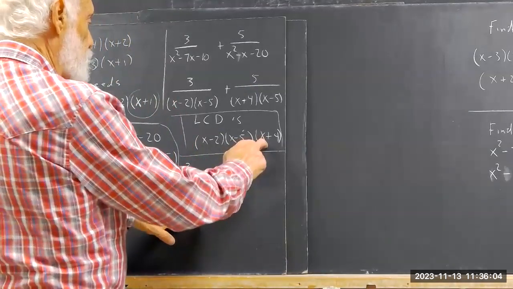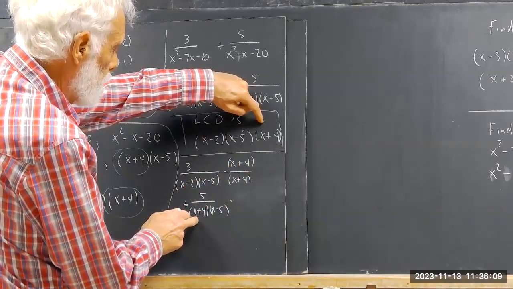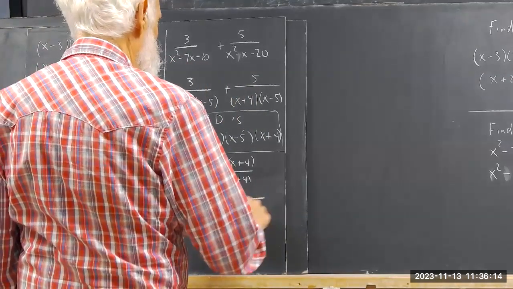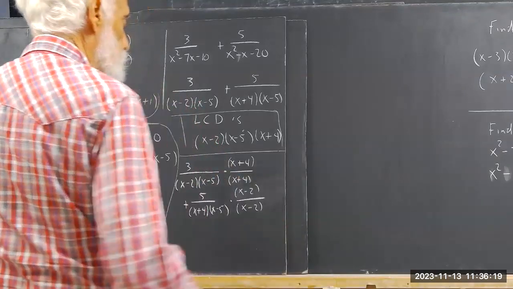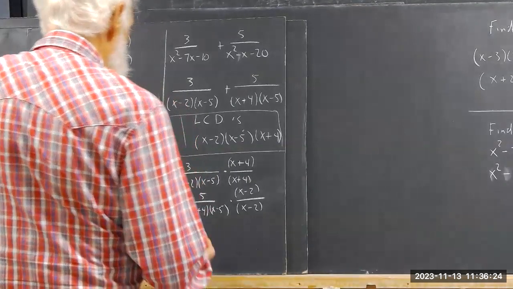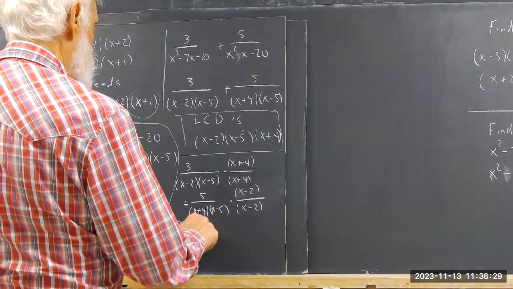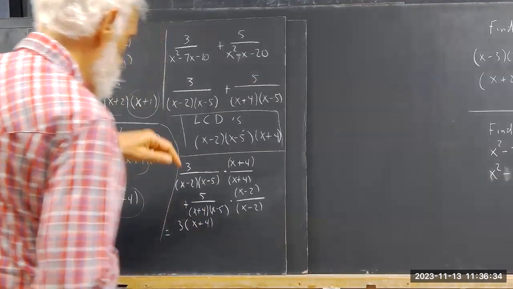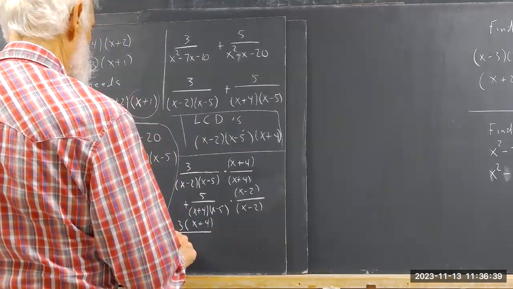Then we multiply on this one. We've got the x plus 4, we've got the x minus 5, but we don't have the x minus 2. So we've got to multiply by x minus 2 over x minus 2. So now our expression becomes, we multiply the two things and we get the product of the numerators and the product of the denominators.